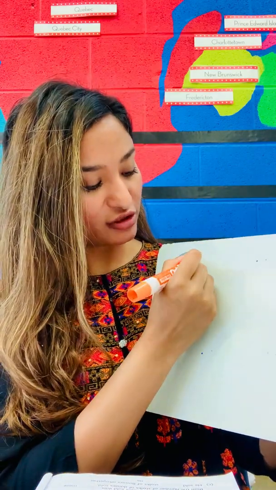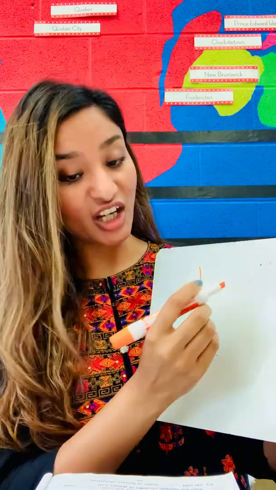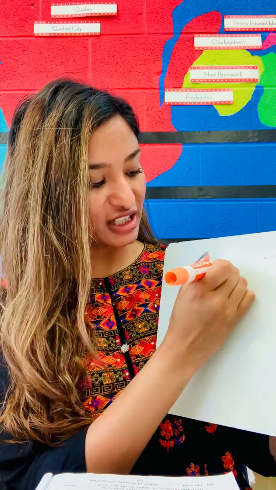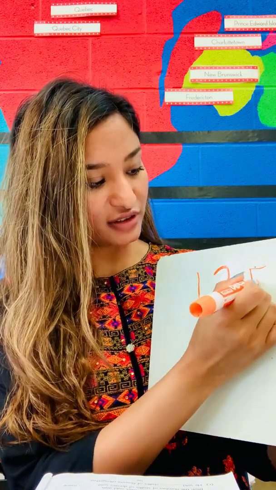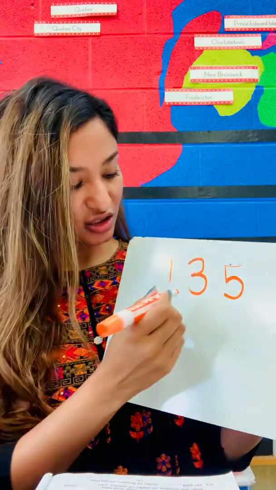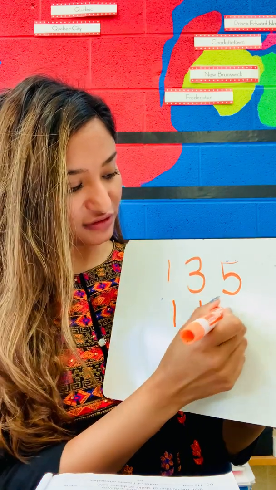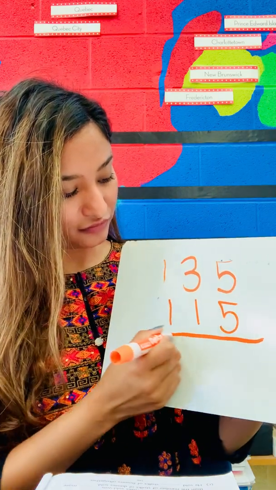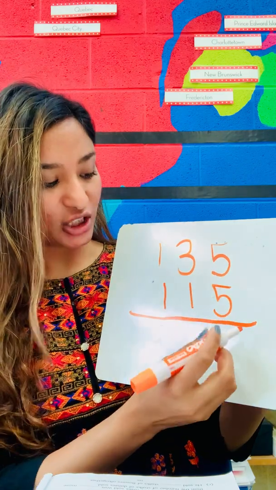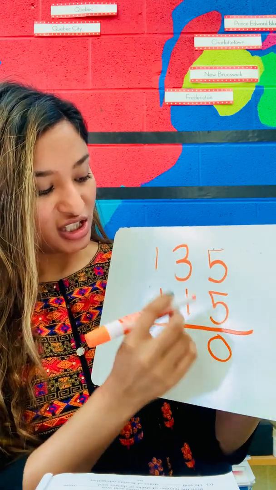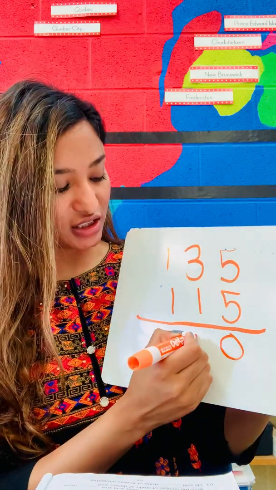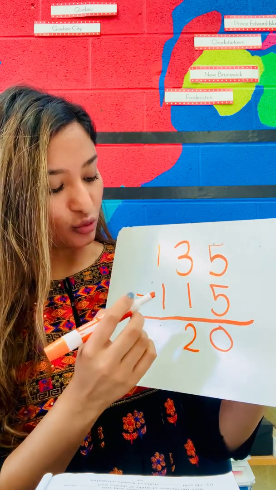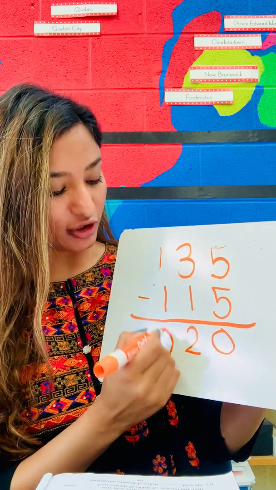Okay, so we have 115 and we have 135. So let's do 135, take away 115. Okay, so 5 take away 5 gives me 0. 3 take away 1 gives me 2. And 1 take away 1 gives me 0.